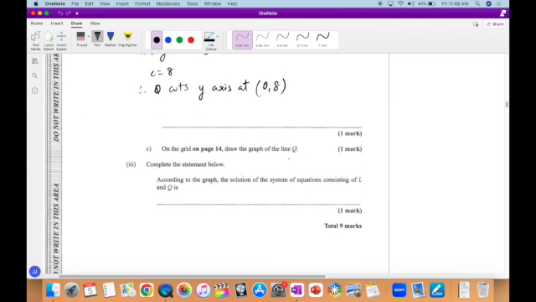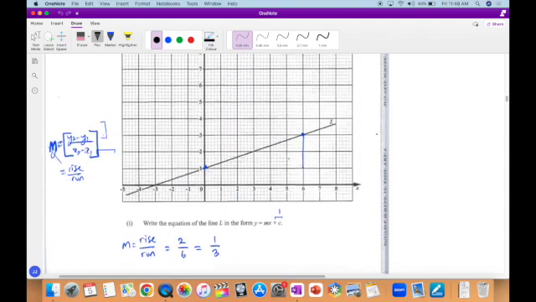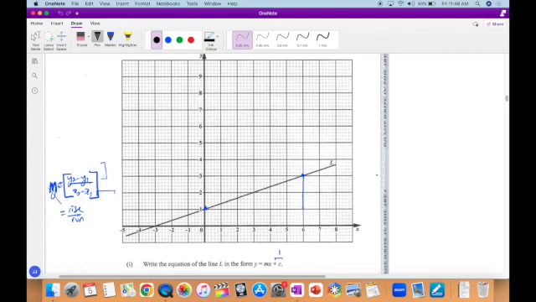On the grid, draw the line Q. Well, we know that we have the point 4, 0 here. And this is the point 0, 8.